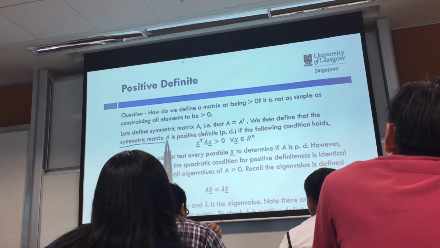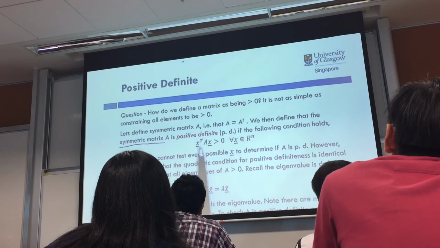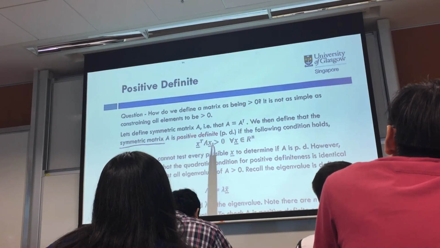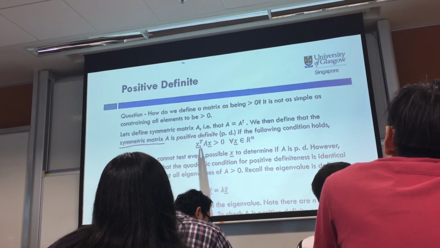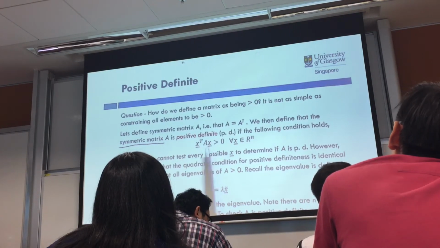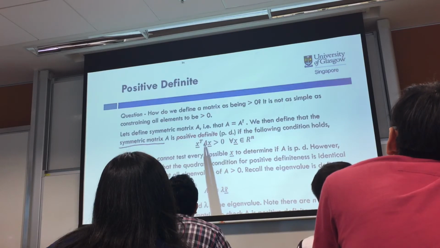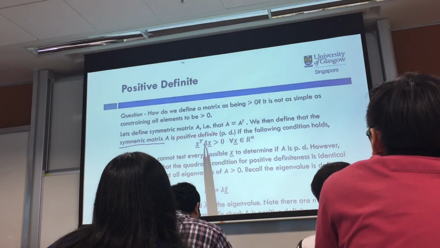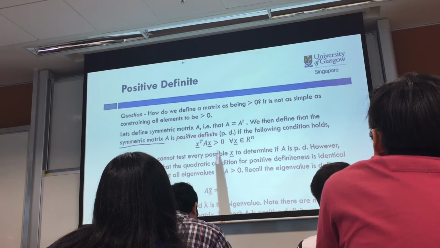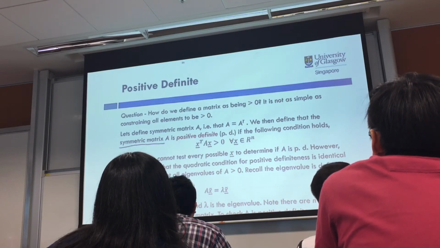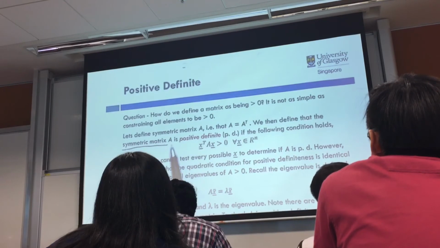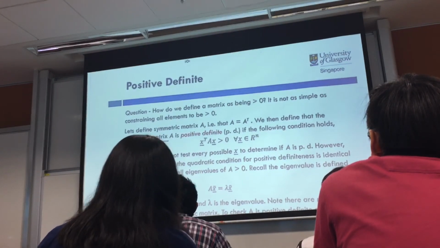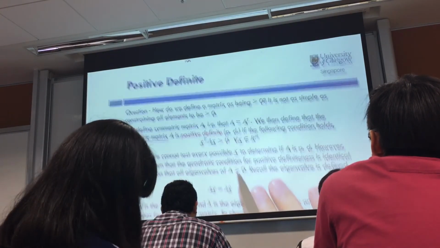If a symmetric matrix A satisfies another condition, x transpose A x greater than 0 for any vector x, we say this matrix is positive definite. So here I want to explain why the matrix is symmetric.